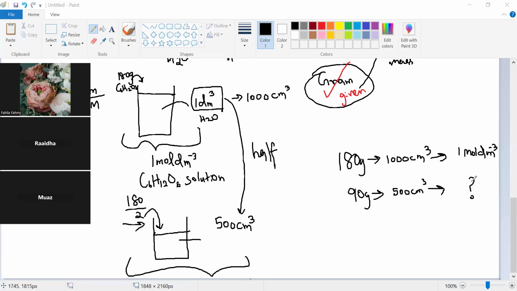What would the concentration be? Yes, that would be 1 mole per cubic decimeter again.